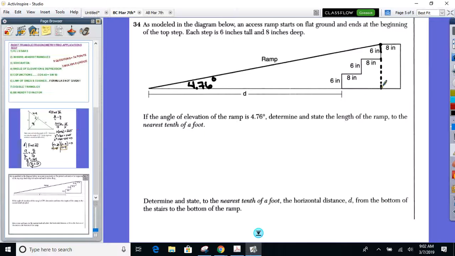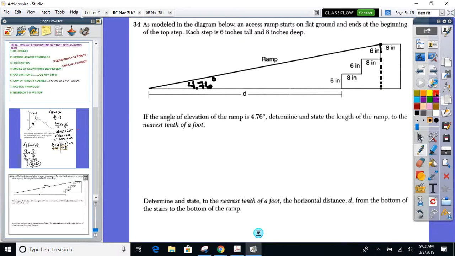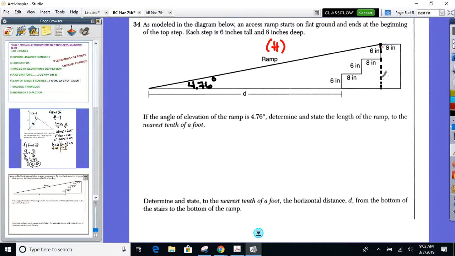All right, ready? 4.76. What's the ramp acting as? Opposite, hypotenuse, adjacent. That should be the hypotenuse in this right triangle. Can you find this side of the right triangle? How? I got 6, 6, 6, a total of 18, which would act as what side?